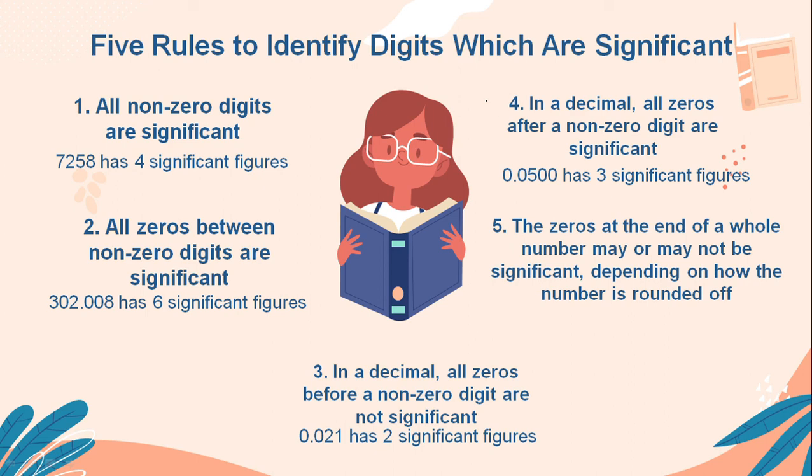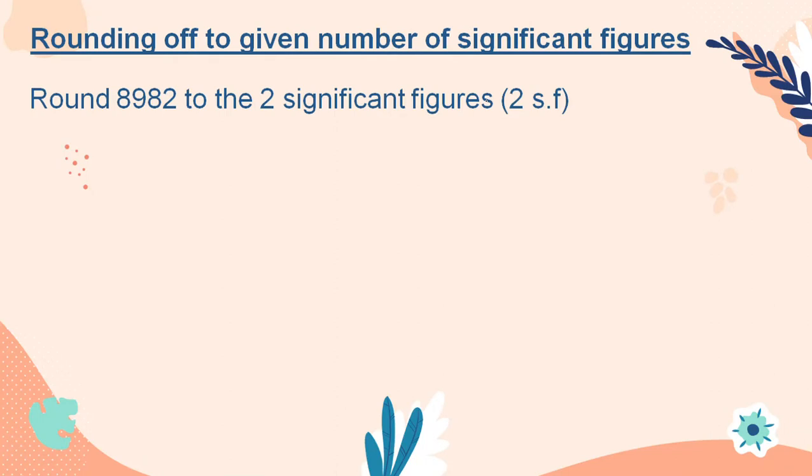For example, round 8,982 to 2 significant figures. Or you can write 2 significant figures as 2SF. So 8,982, you need to round to 2 significant figures.